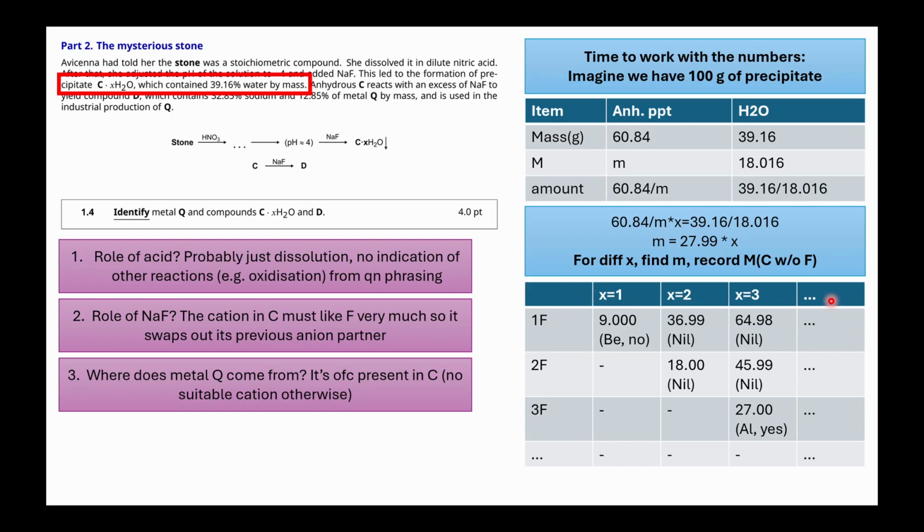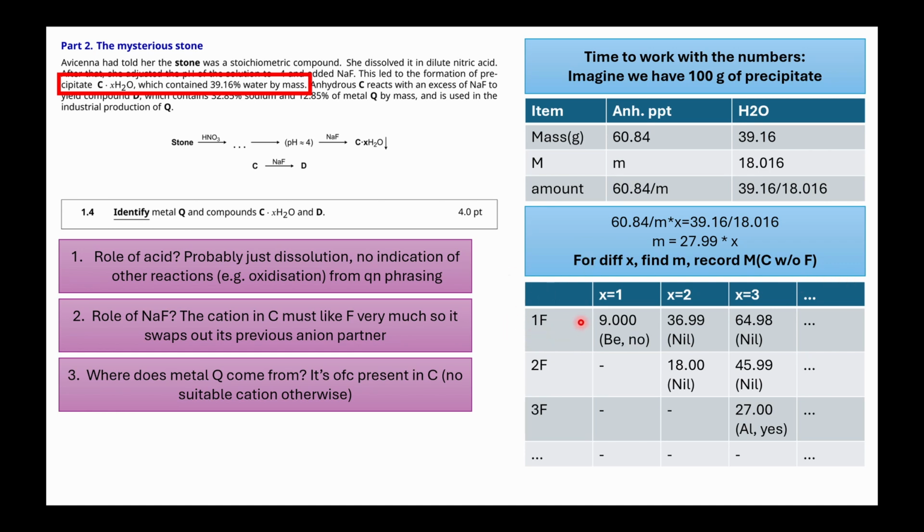I didn't include the rest because I did this on paper and I know it's going to stop at 3, but be prepared to draw a very large table to record all your answers. Of course, the number of waters of crystallization doesn't have to be a whole number. There is something with 5.5 waters of crystallization, I think, and those things happen, but it's fine. We're just going to try all the whole numbers first. If that doesn't work, we go back and revisit our assumption and see whether that's correct. So we go with the whole numbers first because that's the easiest thing to do.